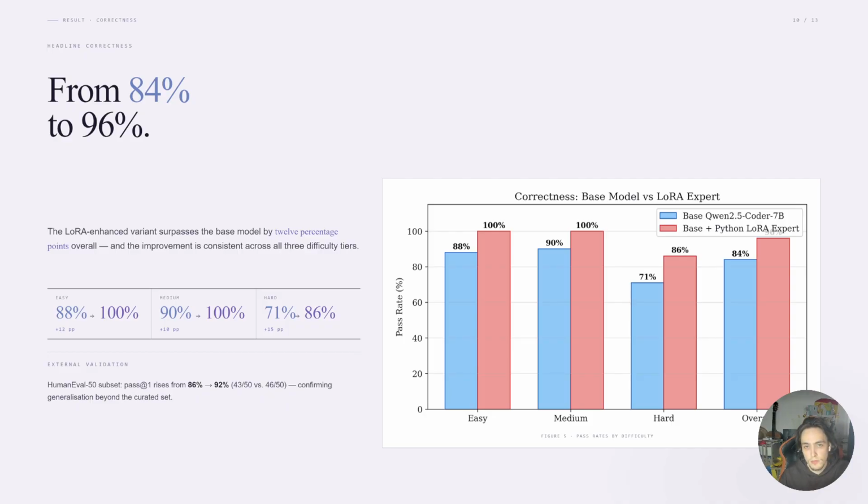The improvement is consistent across all 3 difficulty tiers. On easy problems, 88 to 100, on medium, 90 to 100, and on hard problems, 71 to 86. A 15-point jump. To check this is not a quirk of our created benchmarks, we also ran a 50 problem subset of HumanEval. The pass@1 rate rose from 86 to 92%, confirming that the improvement generalizes.